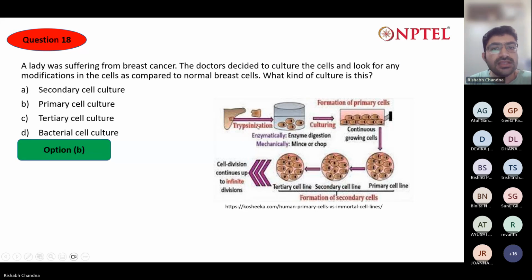So then we do trypsinization, which allows the cells to break off from the extracellular matrix and be separated in the culture. After that, we culture those cells in a particular media that is different from the normal media that we use during normal cell culturing, because these cells are directly isolated from tissues, so they require a more sensitive environment to grow.